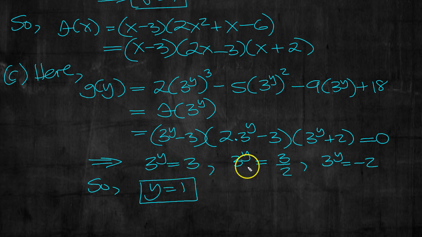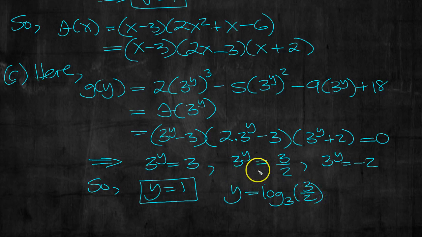This one, y would equal, write this in logarithmic form, so the 3 swings down to become the base of the log of the number here. So that's all that happens. The 3 swings down to be the base number, and the y drops down to ground level. This one, no solutions, because you can't get a power equaling a minus, can you?